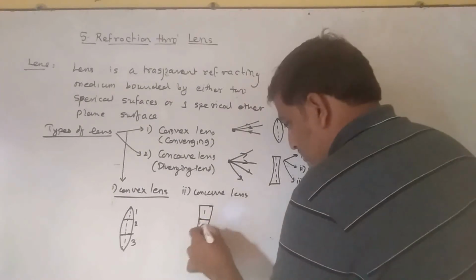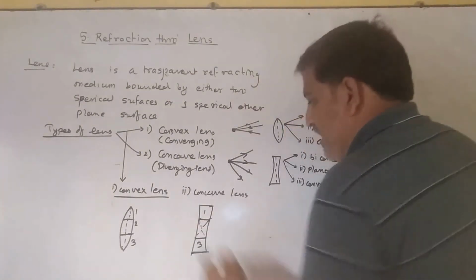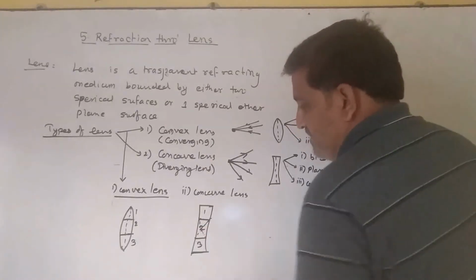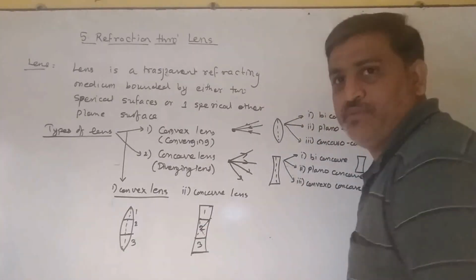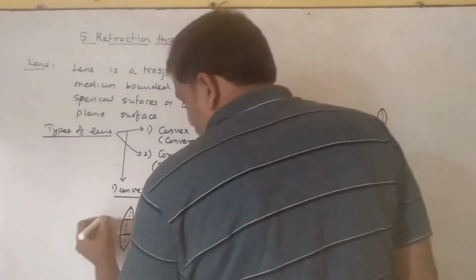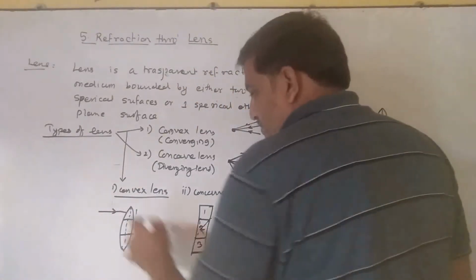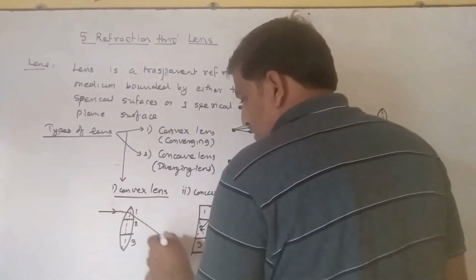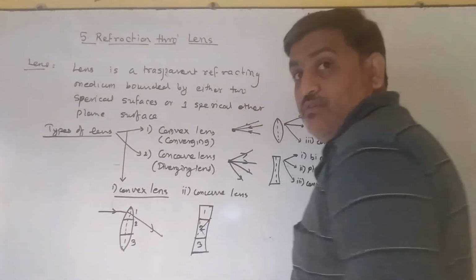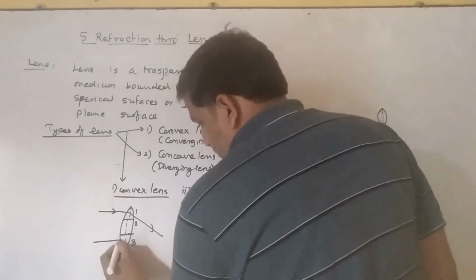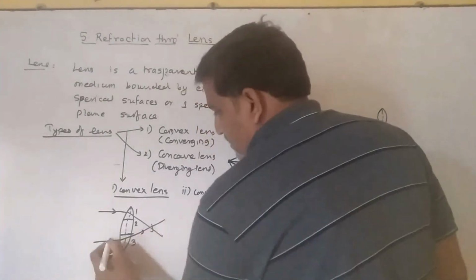In the same way, the middle part, which is the second one, acts as a rectangular glass slab. We know that when a ray of light passes through the prism, it converges to the focus. Similarly over here, it converges to the focus.